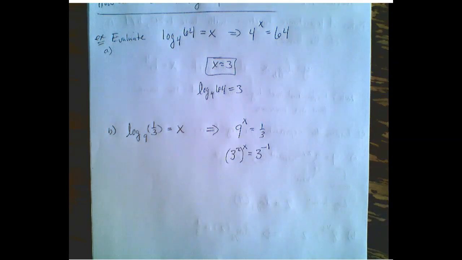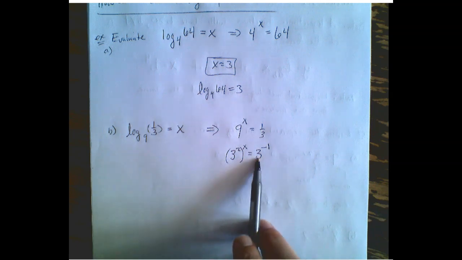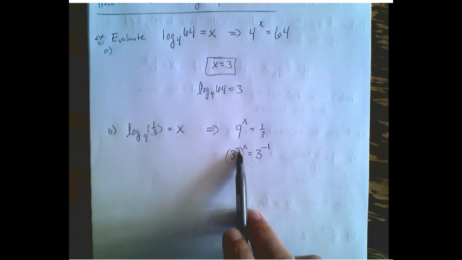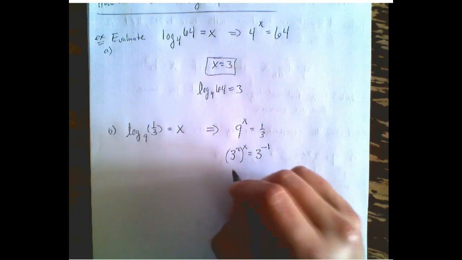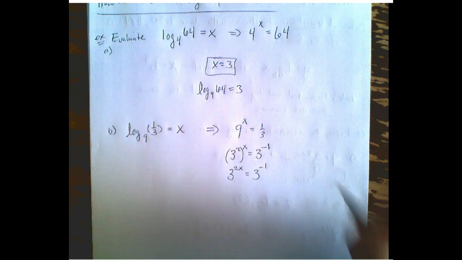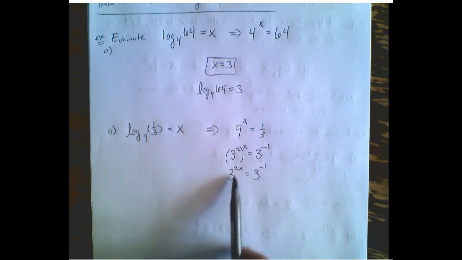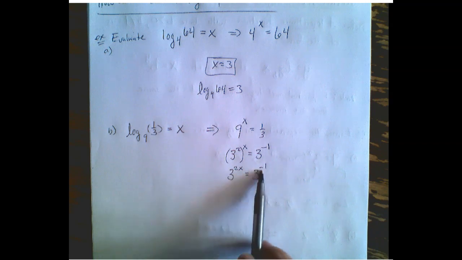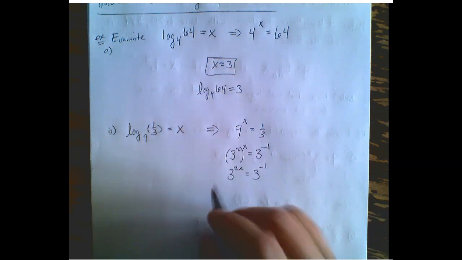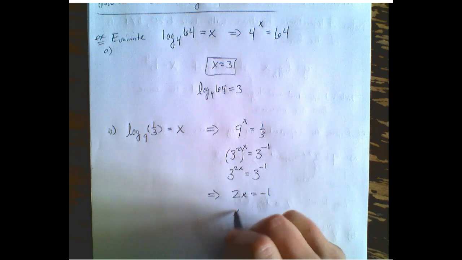Now here, notice 3 to the 2 to the x is 3 to the 2 times x, or 3 to the 2x. So we're looking to see for what value of x, 3 to the 2x is equal to 3 to the negative 1. Well, this implies that we are looking for the solution to this equation, which is negative 1/2.